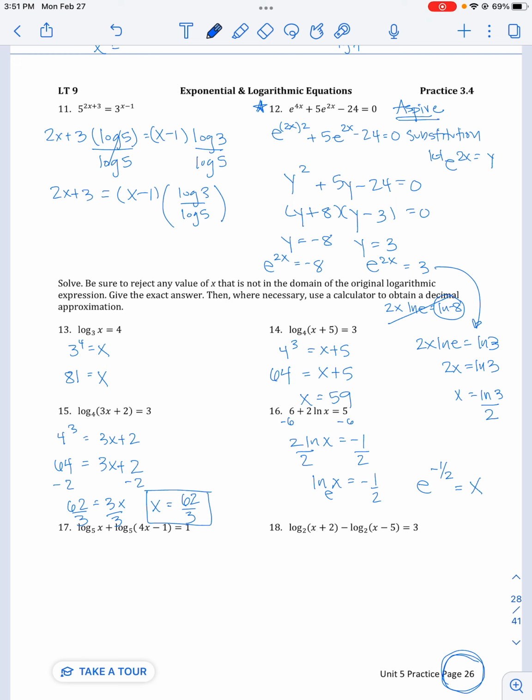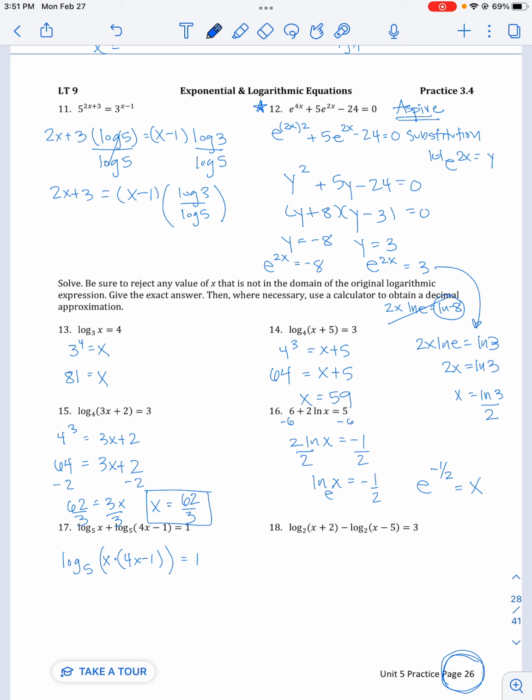Okay, in 17 and 18, I am condensing logarithms. So I am looking at log base 5 of x times 4x minus 1, and setting that equal to 1.